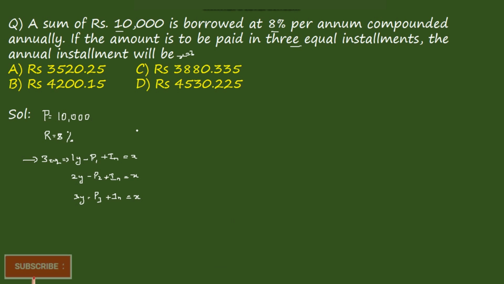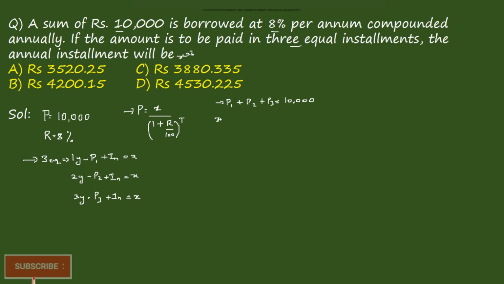The general formula that we know for installment is P is equal to x by (1 plus r by 100) whole power t. We have three equal installments, so it becomes P1 plus P2 plus P3 is equal to 10,000.